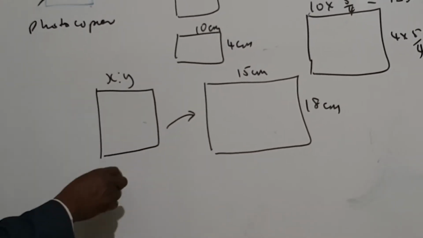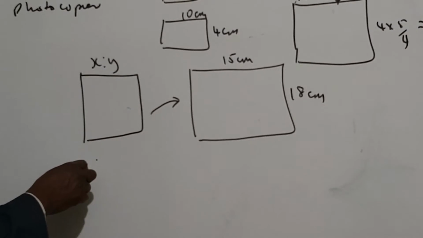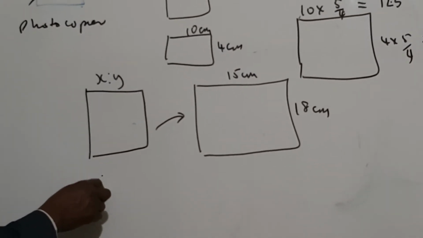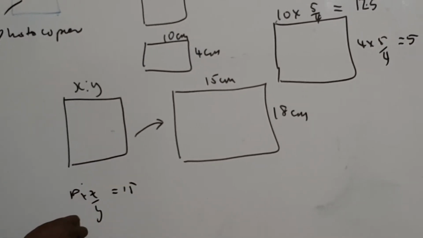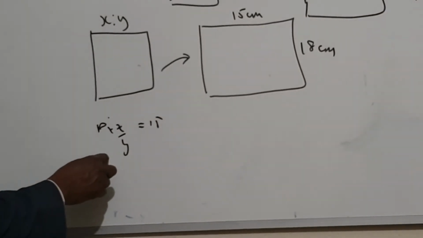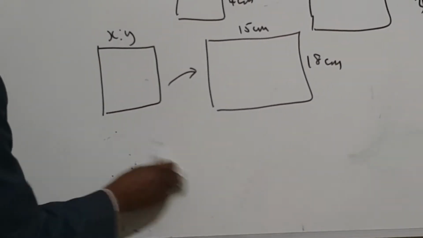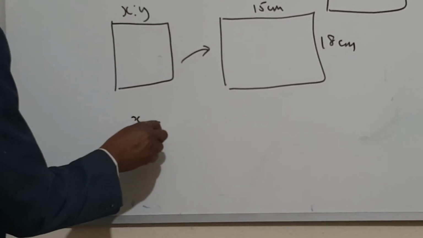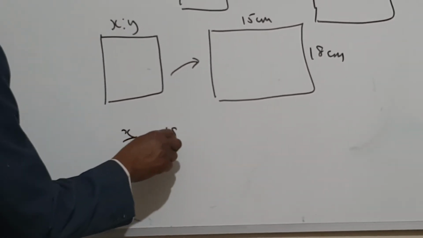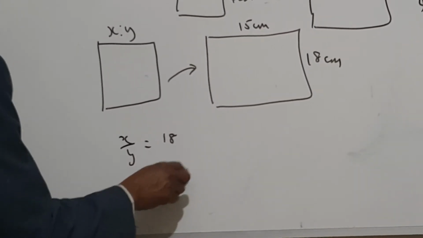Let's say the ratio times x over y is equal to 15, and the same ratio times x over y is equal to 18.